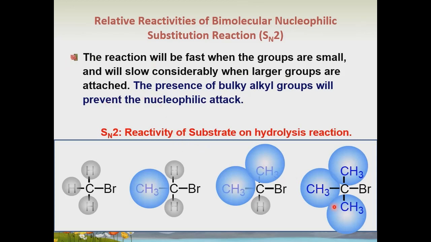So here on the right side, as you can see, the presence of bulky alkyl groups will prevent the nucleophilic attack from the back. As you can see, the side chain is actually preventing any nucleophile attack from behind the bromine on the carbon, which is the electrophilic site.